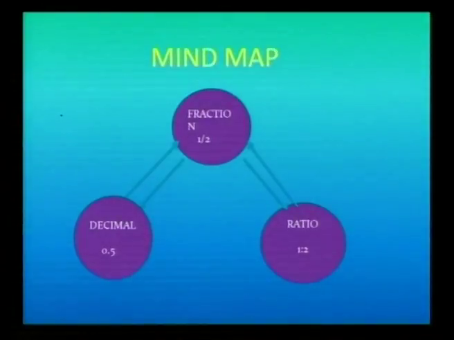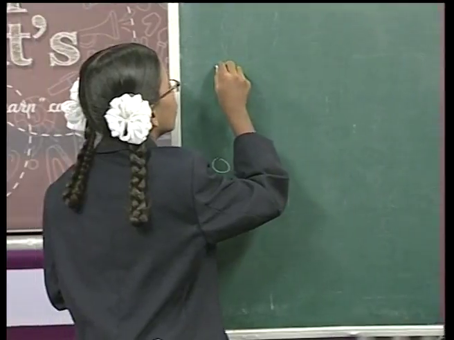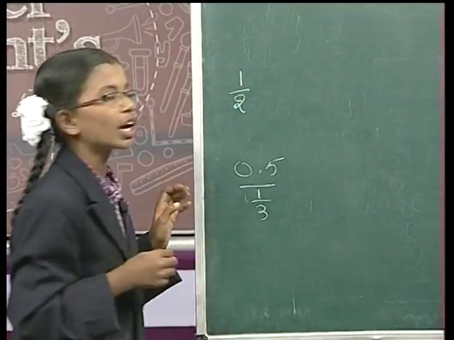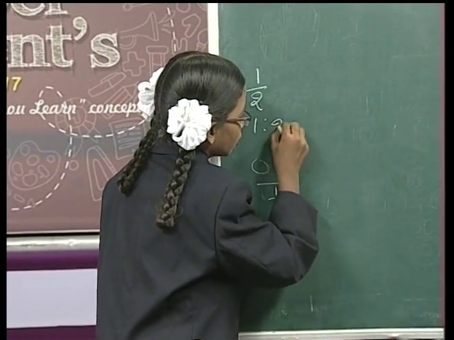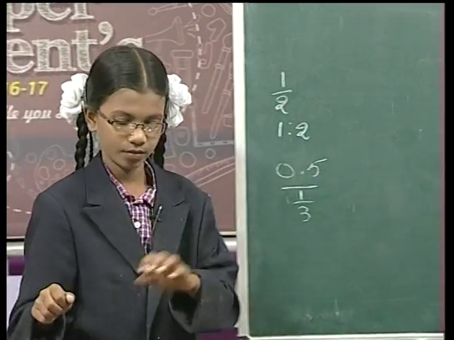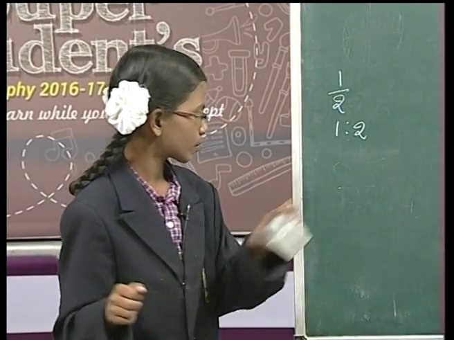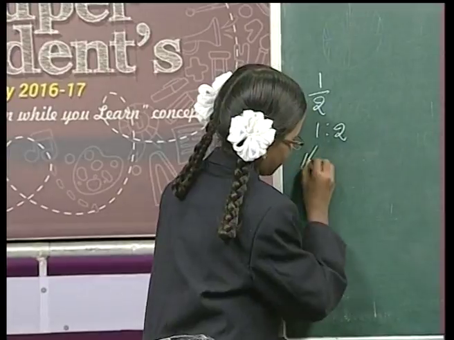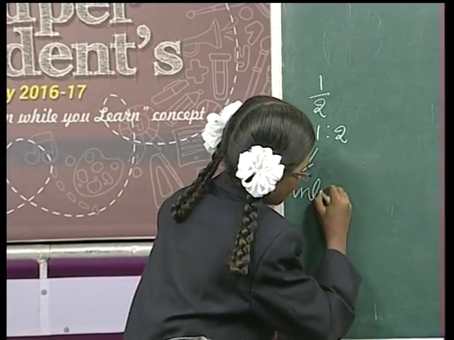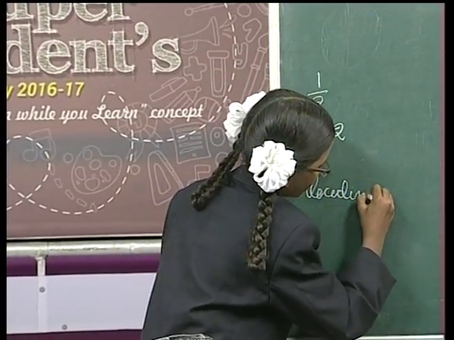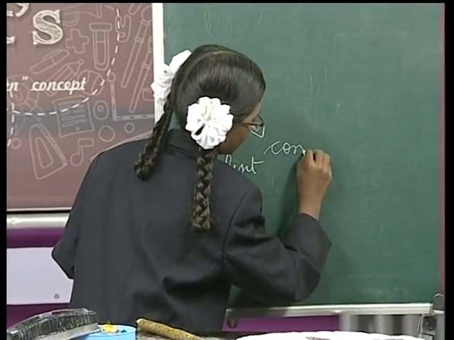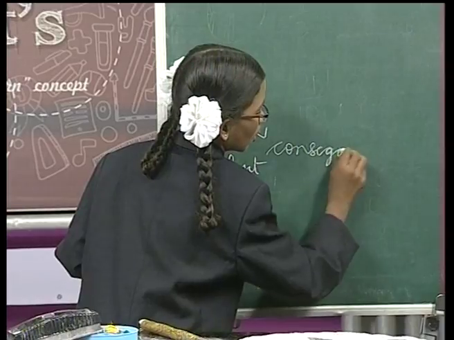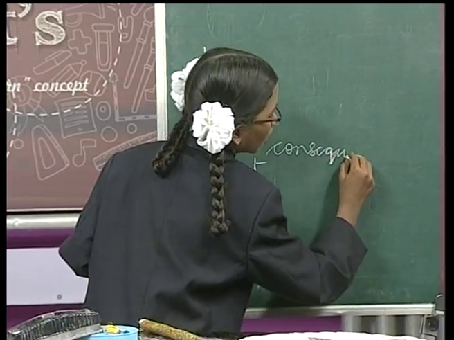Friends, for example, 1 by 2. How to convert into ratio? Yes, 1 is to 2. Here 1 is called antecedent, 2 is called consequent.